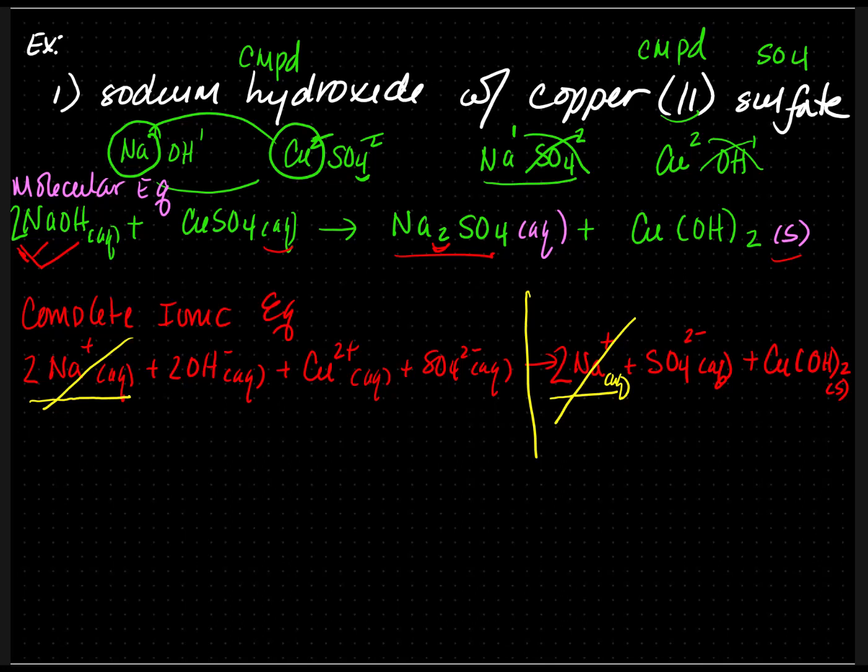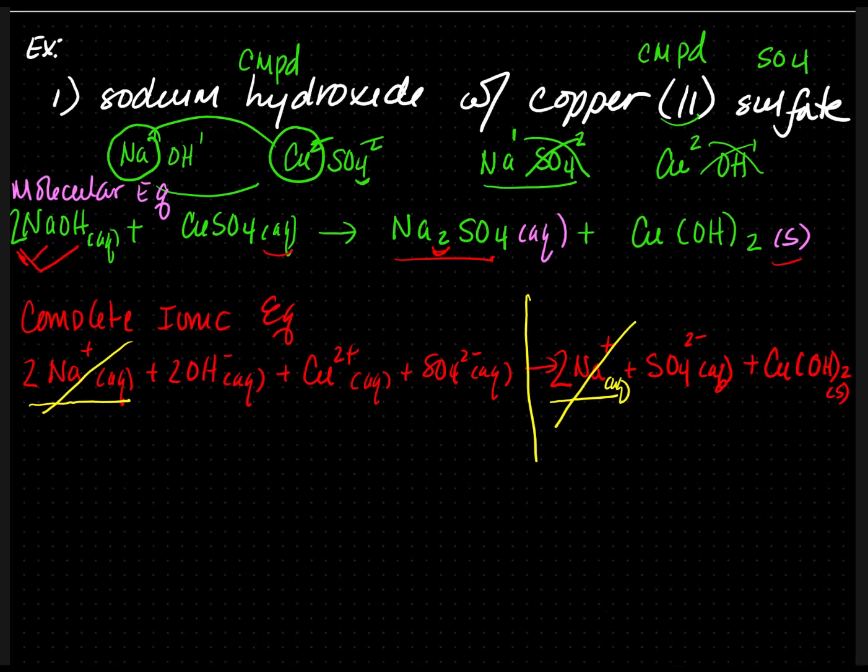The OH is combined with Cu, so they're not the same. The Cu2 plus on the left side, the Cu is combined, so they're not the same. SO4 2 minus AQ on the left side, and there's exactly the same SO4 2 minus on the right side, so we could cancel those out.